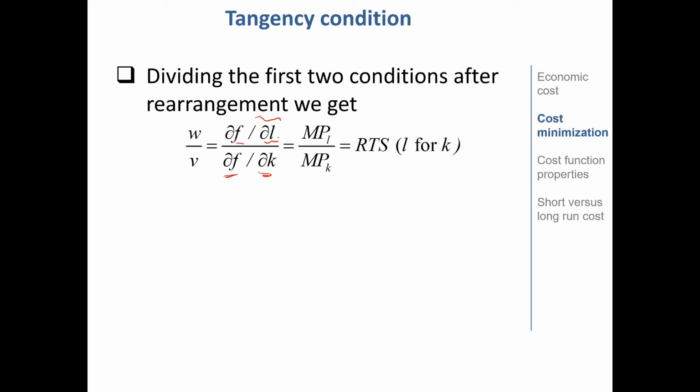That is the marginal productivity of L over the marginal productivity of K. And we have shown last week, it's by definition the marginal rate of technical substitution of L for K.